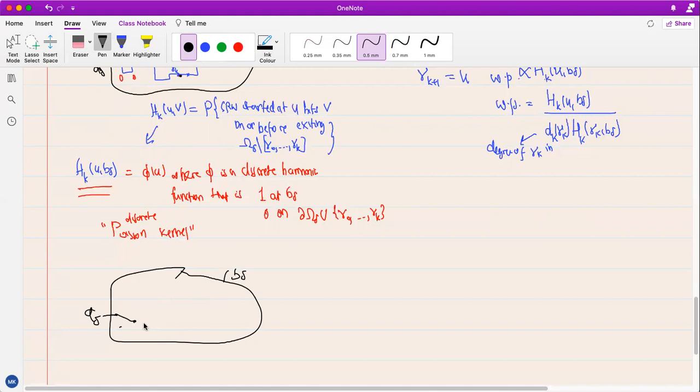You just run a random walk from A delta to B delta, which stays in omega delta, let's say. And then you chronologically erase the loops. Chronologically means the first loop that was formed should be erased first. So in this case, let me indicate, it will go like this.